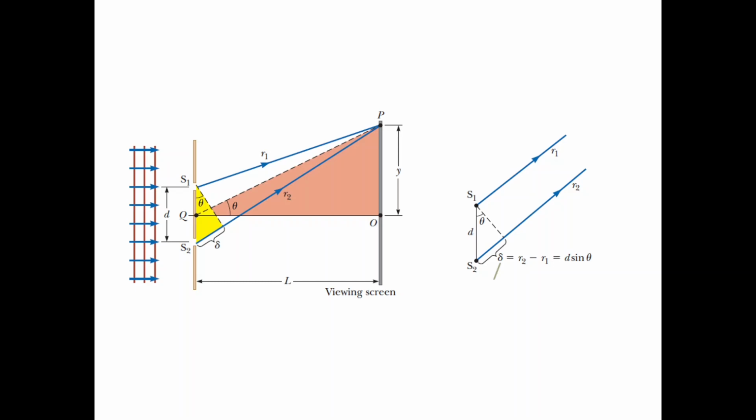So this is the difference in distance these two rays travel. We will deal with this parameter, and from this figure, it's clearly seen how we can quantify it. Looking at the figure next to it, the difference in distance that ray R2 and ray R1 travel is d times sine theta.